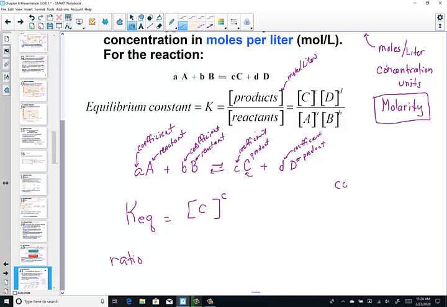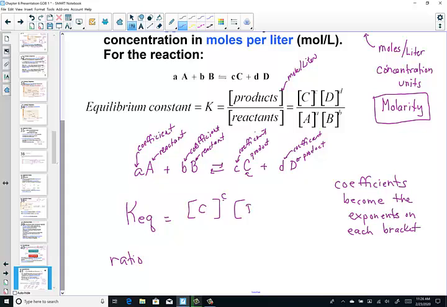Let me write that again. The coefficients become the exponents on each bracket. So the product called C raised to its coefficient small c.